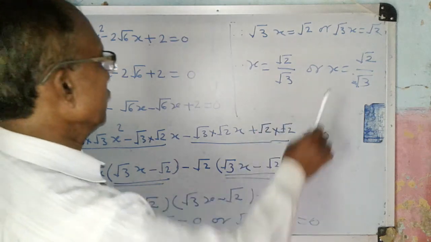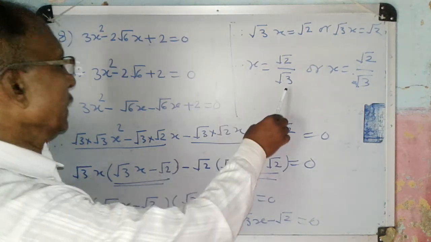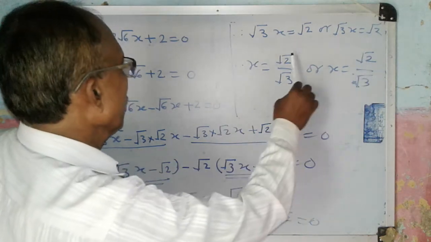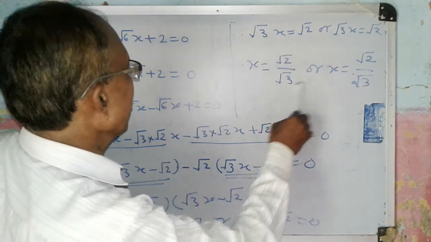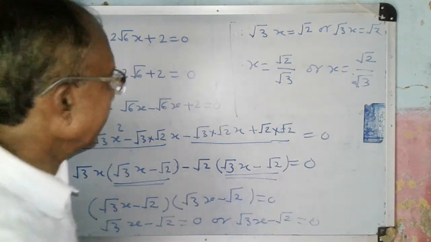So these are the roots of the given equation: root 2 upon root 3, and root 2 upon root 3.